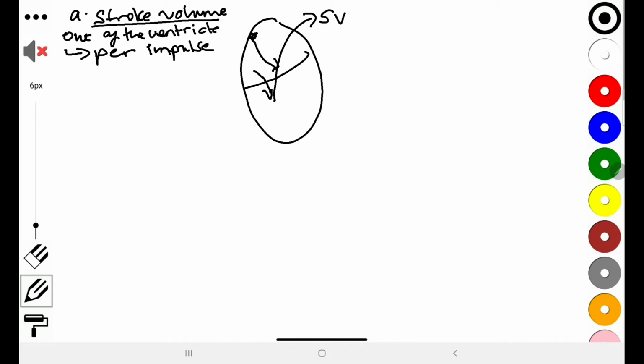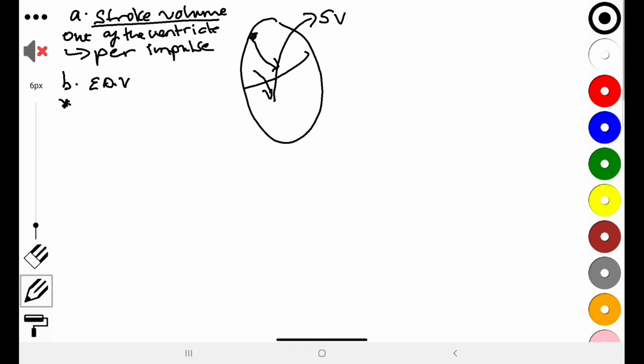The second one is known as end diastolic volume. Maybe I should start by saying, usually at the end of the filling stage, you find that blood is noted as end diastolic volume.